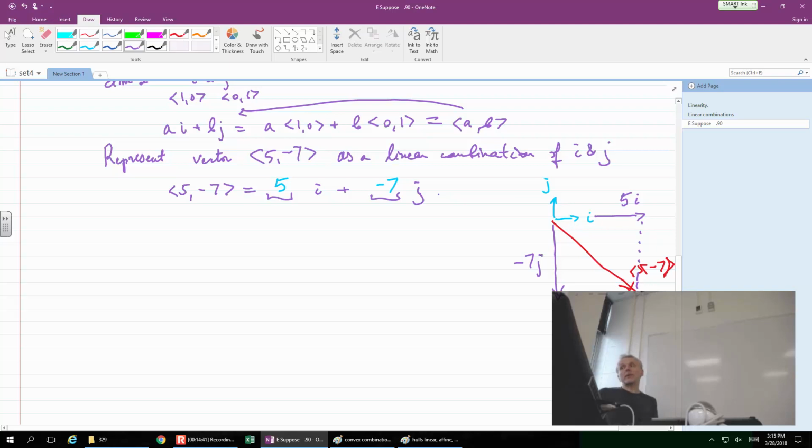And my vector that I was looking for is equal to the sum of those, a multiple of i and a multiple of j. You can extrapolate into higher dimensions, it doesn't make any difference.